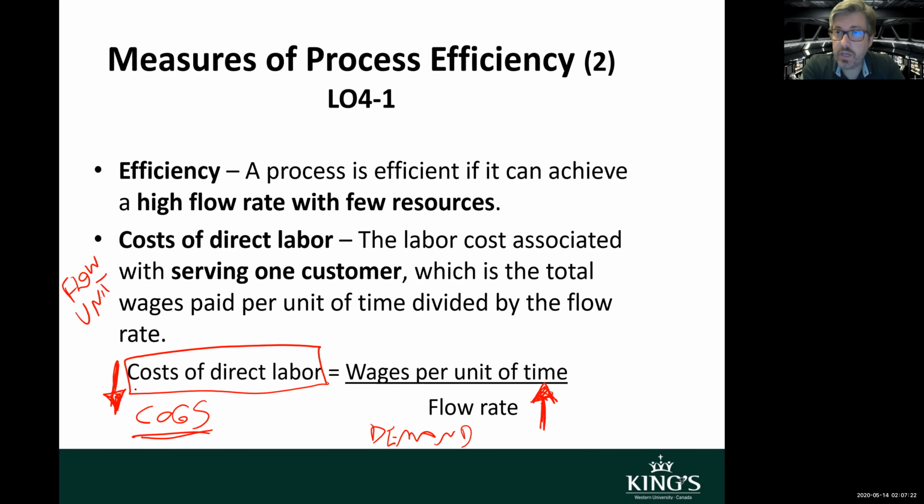Fast flow rates or high capacity flow rates, a high flow rate reduces the cost of labor. That is the key, right? So the more output we can have within a process, the lower the unitary cost of labor you will have.